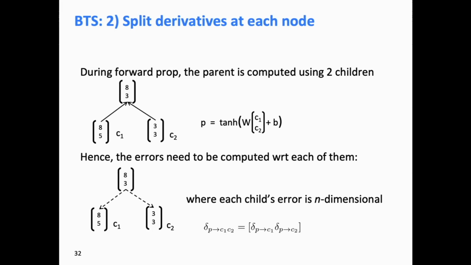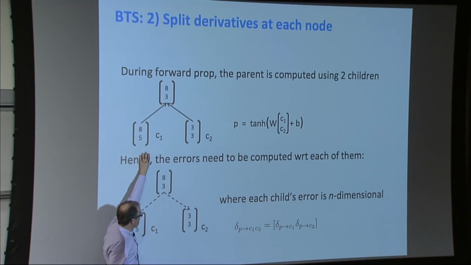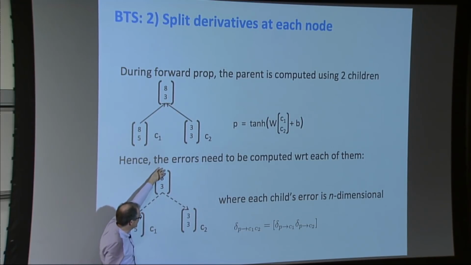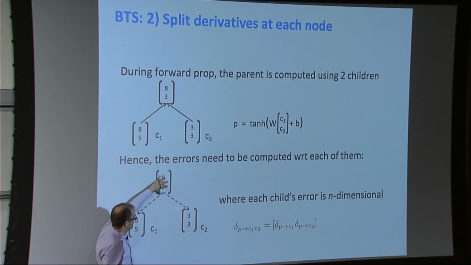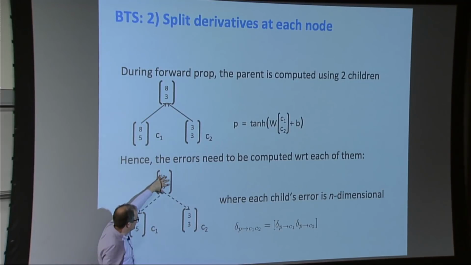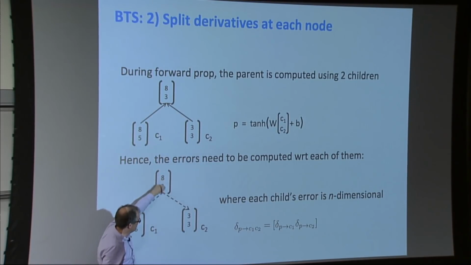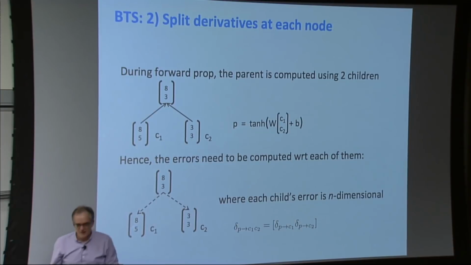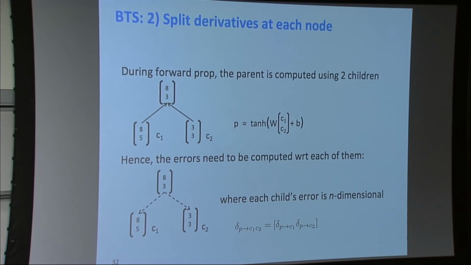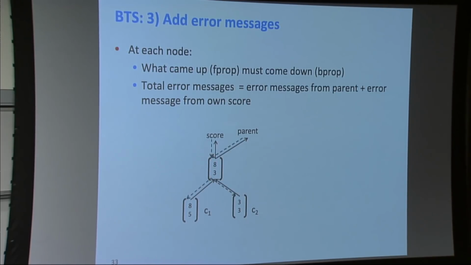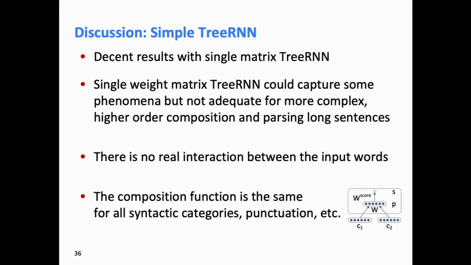So forward prop, we compute it forwards, and then when we have the backward propagation, we have the error signal coming from above, we combine it with the calculations at this node, and then we send it back in a tree structure down to each of the branches underneath us.